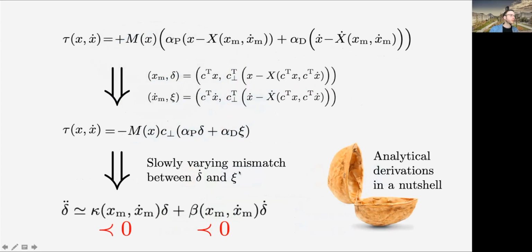And then, by making some hypotheses, such as a slowly varying mismatch between the derivatives of these two terms, more details are in the paper of course, we can end up with the dynamics of the distance from the manifold having this much simpler form. And by taking this gain big enough, we can always make these two matrices negative definite, therefore achieving stability, at least local stability of the manifold, in the sense that the distance goes to zero asymptotically. Again, more details are in the paper if you're interested.